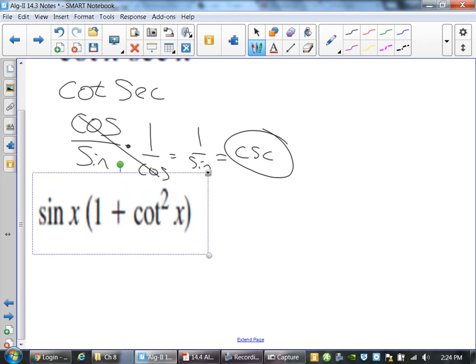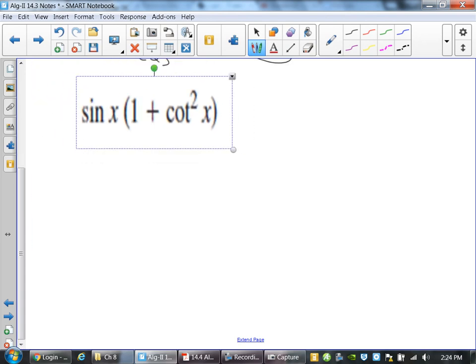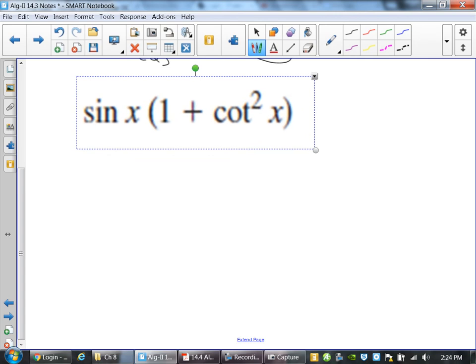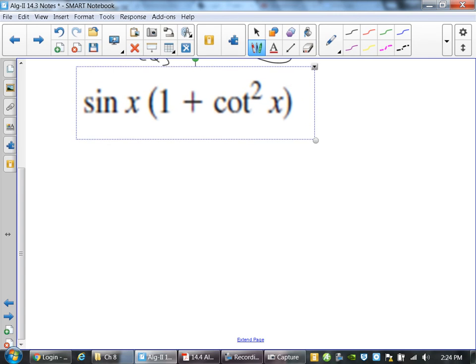All right, let's try another one. As you start to see ones that have squares in them, if there's a plus sign or a minus sign along with the square, automatically look to see if it's one of the Pythagorean identities.